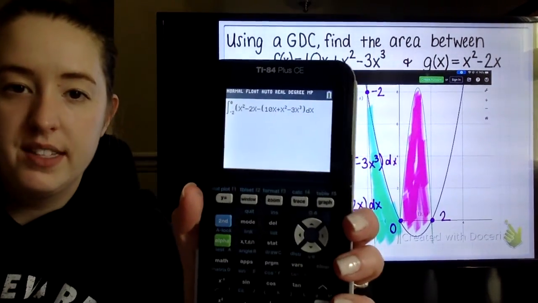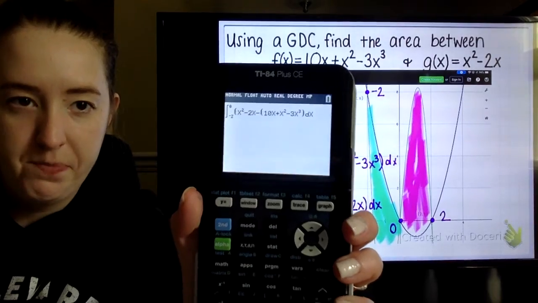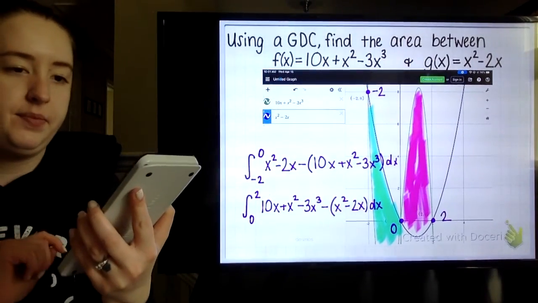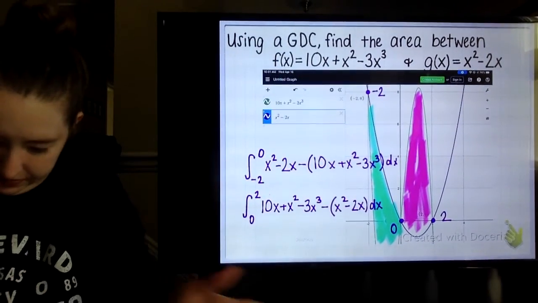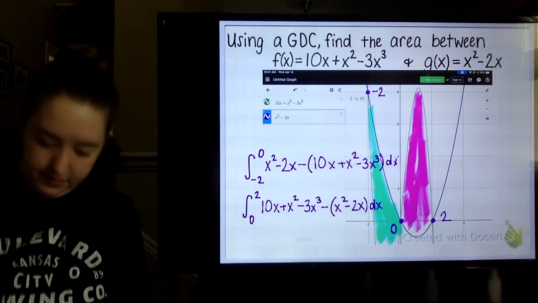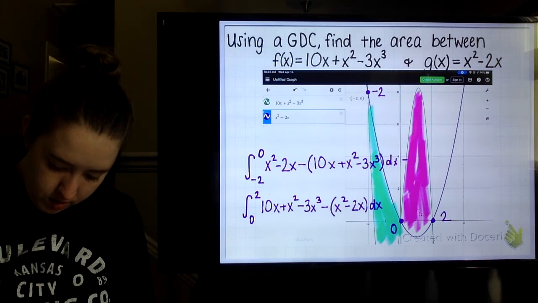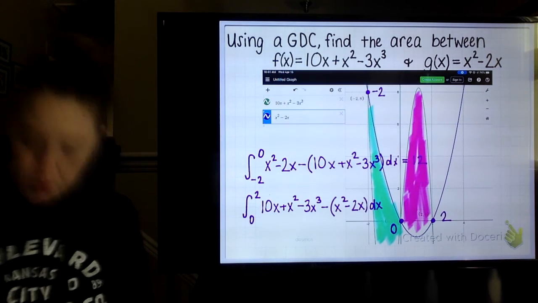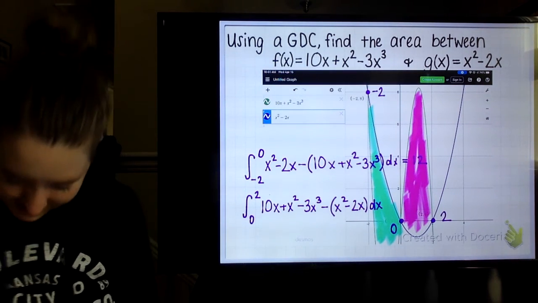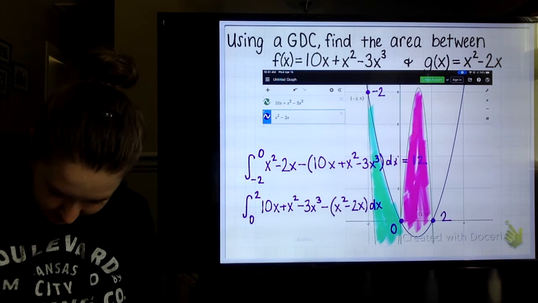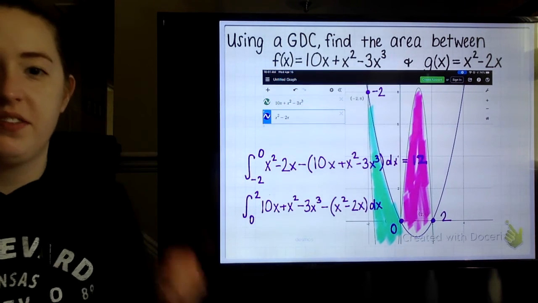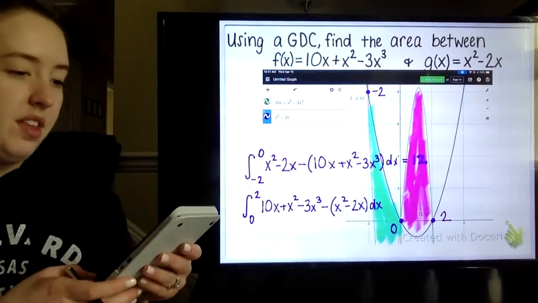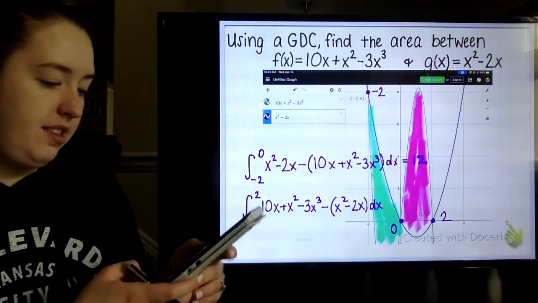Okay, so that's that first area, right? I'm going to press enter, and that one equals 12. That's hard to see. Equals 12. Beautiful.